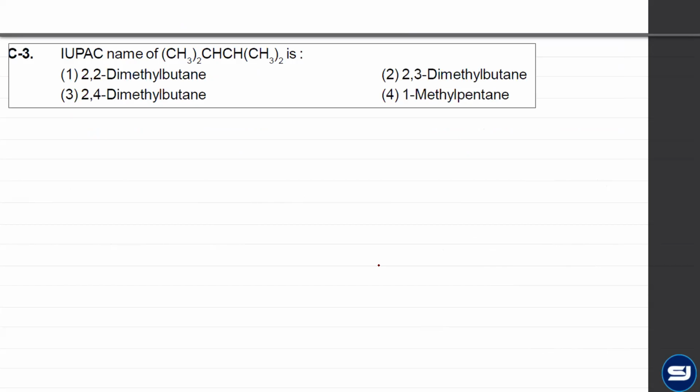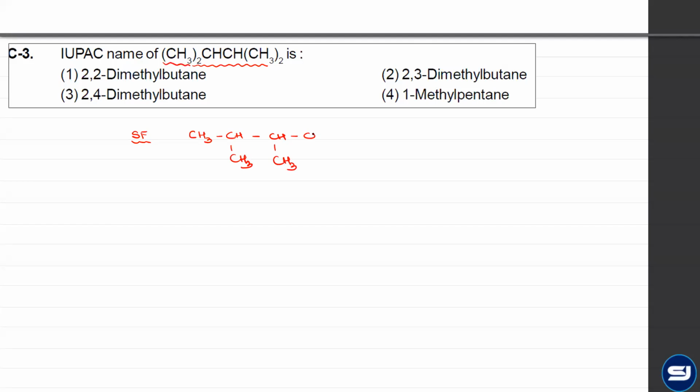Okay. Next, IUPAC name of this. So how is this compound given? In which format is it given? CSF. So just open it and write it in the form of SF. Help me with that. C, CH, CH3, CH bonded to CH, CH bonded to CH3.